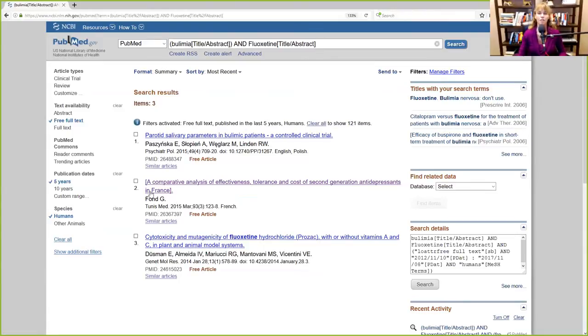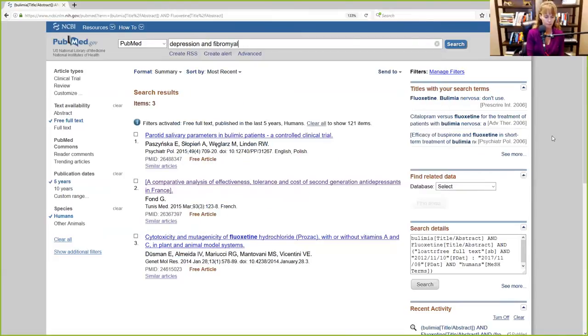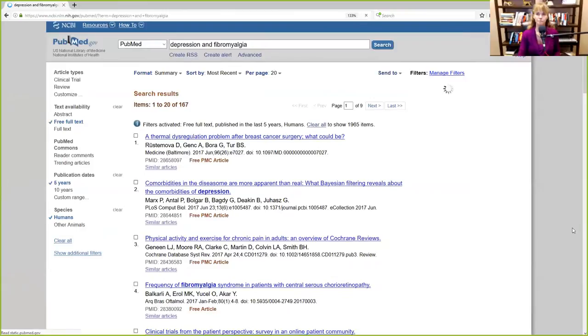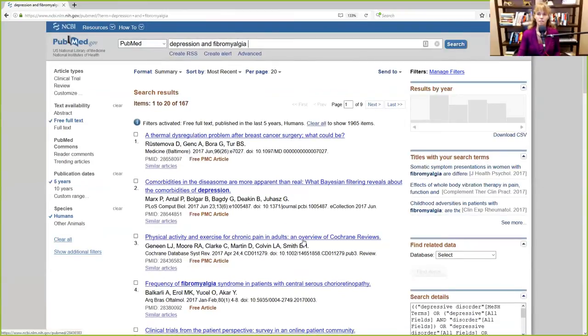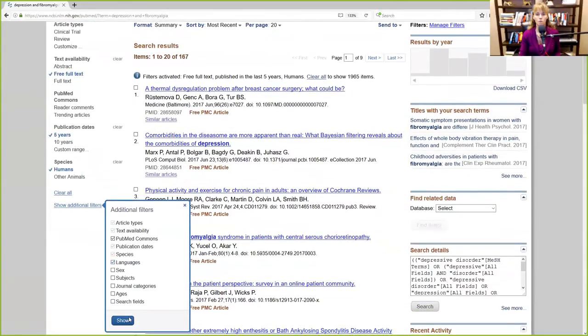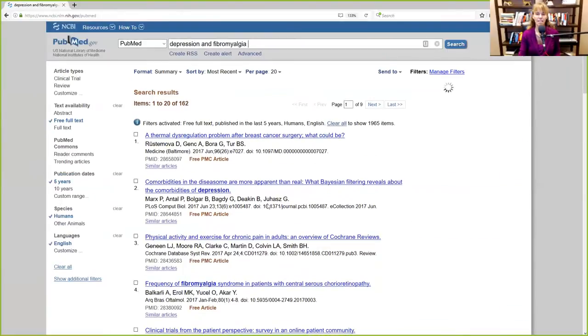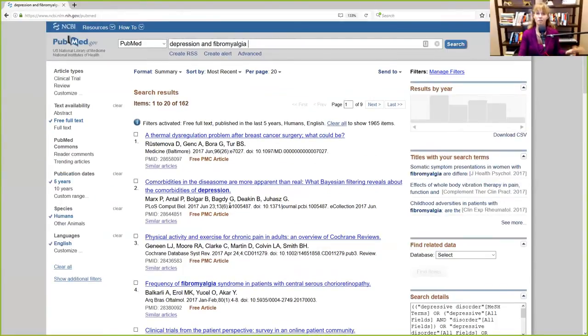And it gives you what articles it has. This isn't giving you, I'm using something that's really narrow. We can look at, and you can narrow down by English as well, so you don't come up with articles that are written in French.